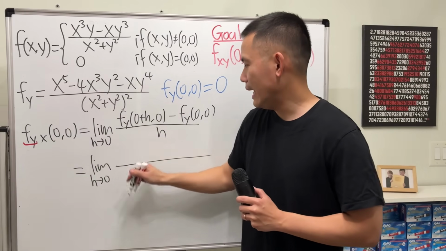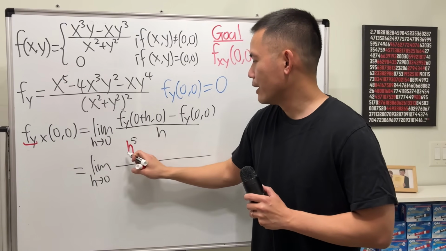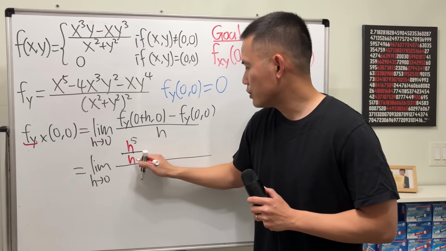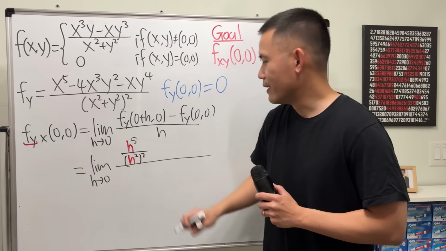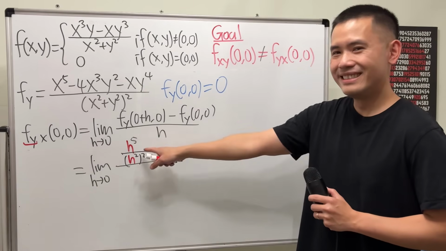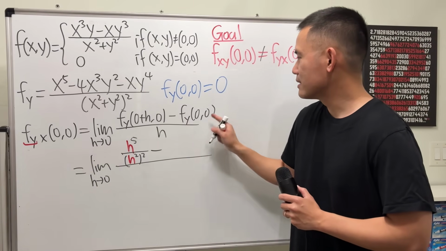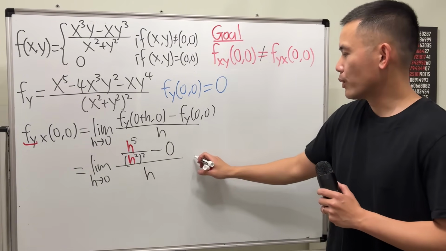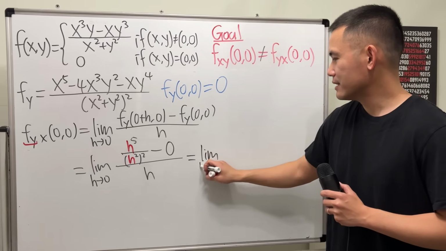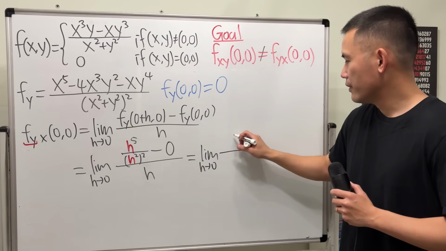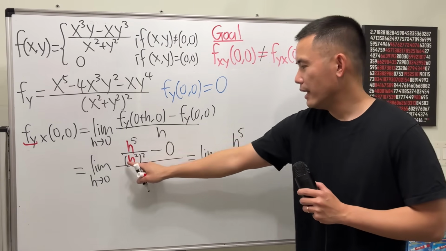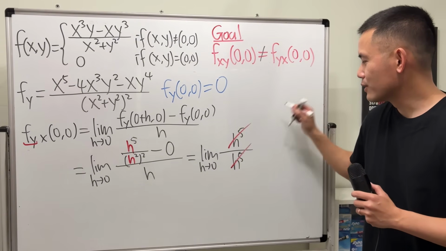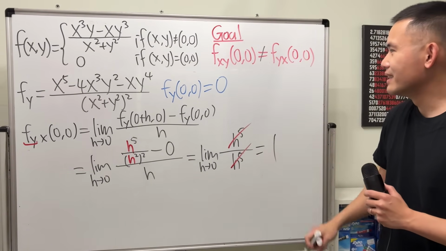So here we have the h to the 5th power, and the rest is 0, and then also do that right here. So it's h squared and then squared. I think you guys see it right now, right? And then this right here is just minus that 0 here, and then all divided by h. And remember, work this inside out. This is the limit as h approaches 0 of h to the 5th over h to the 4th and then another h. So for this right here, they cancel to be 1, and we just get 1.